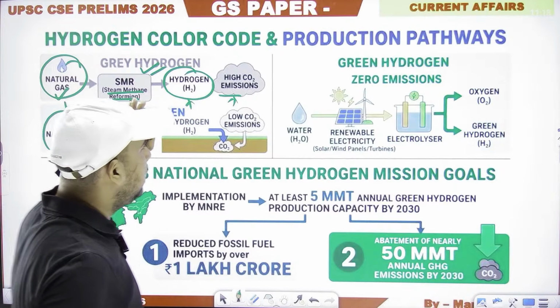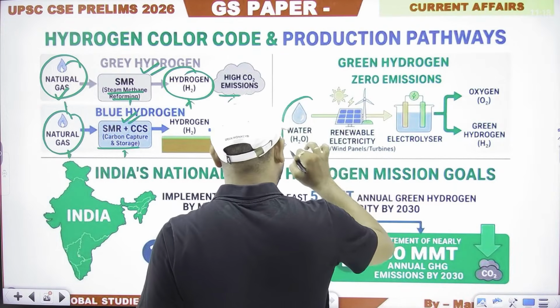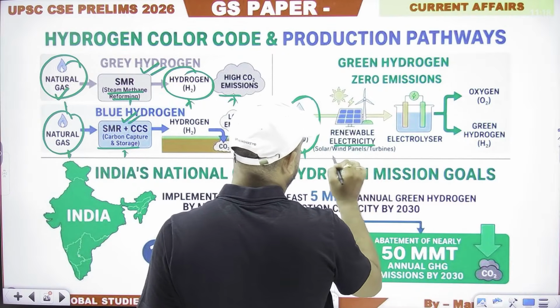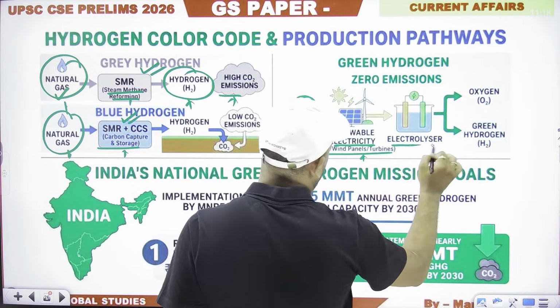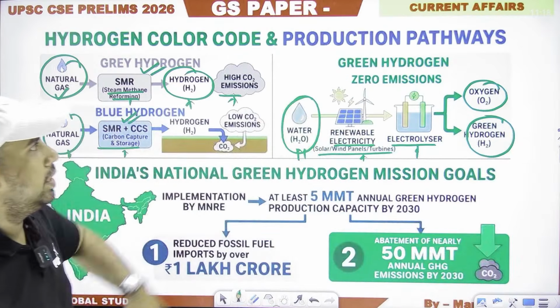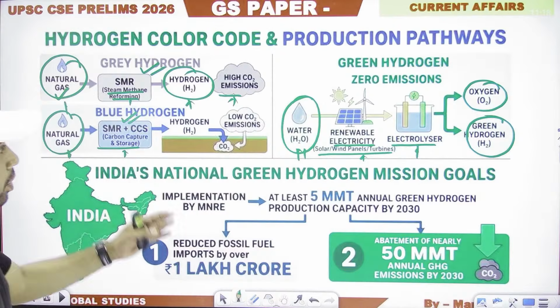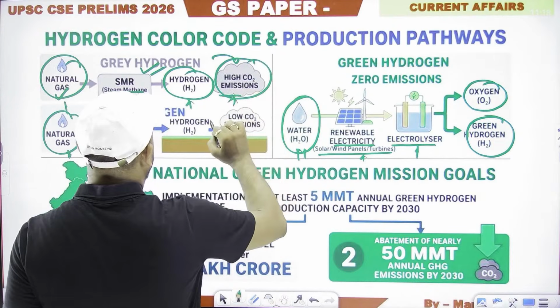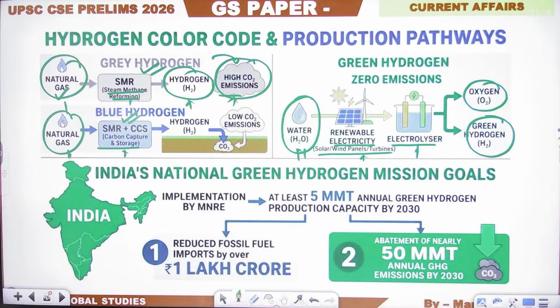It is never green hydrogen. For green hydrogen, we take water and use renewable electricity like solar panels and wind turbines to electrolyze it, and then we get oxygen and green hydrogen. This is considered green hydrogen, with zero emission. In grey hydrogen, we have a high amount of carbon emission, and in blue hydrogen, low carbon emission is there.